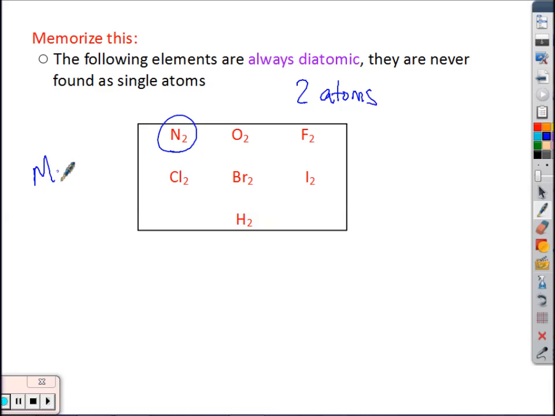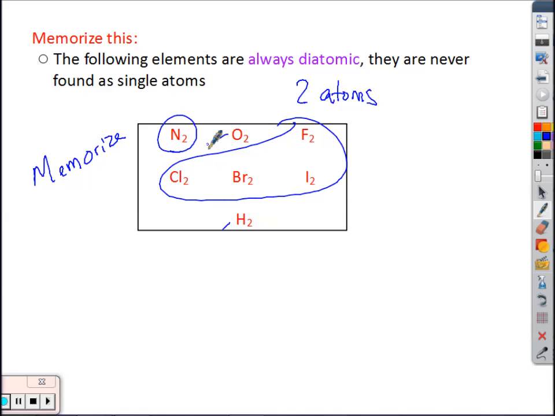Same with oxygen. Oxygen is always O2 if it's not combined with another element. So the following 7, and again, look at where they are in your periodic table. Your halogens, right here, and then oxygen, hydrogen, and nitrogen are all close to the same electronegativity. So that's our group we need to make sure you memorize.